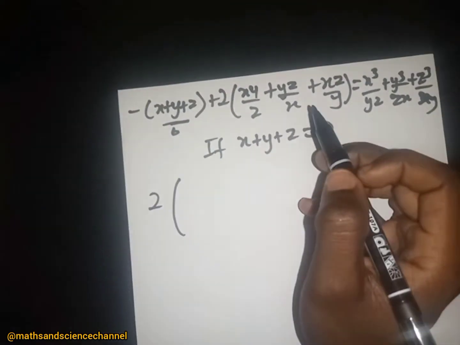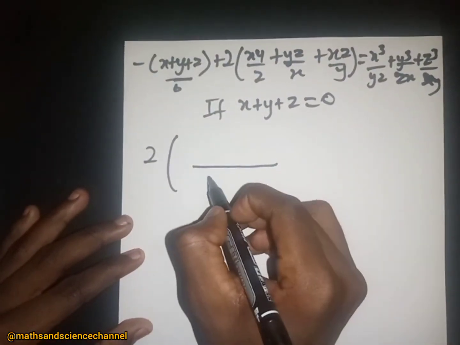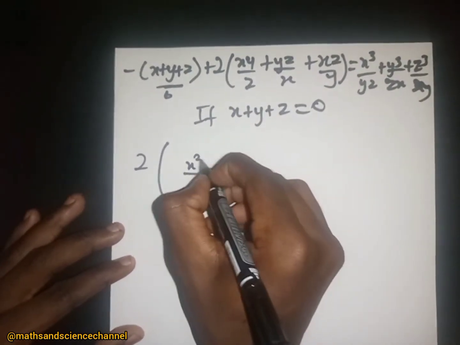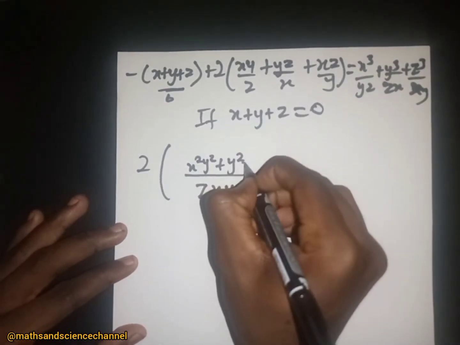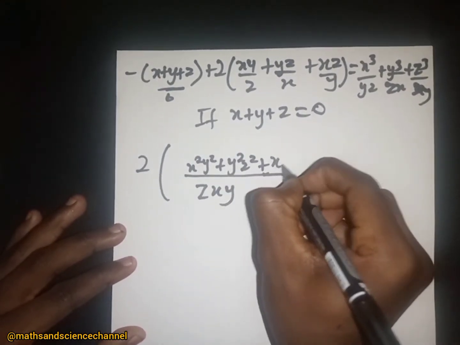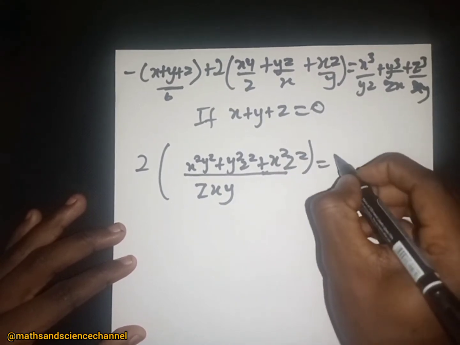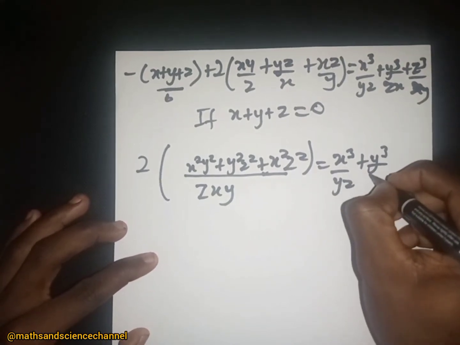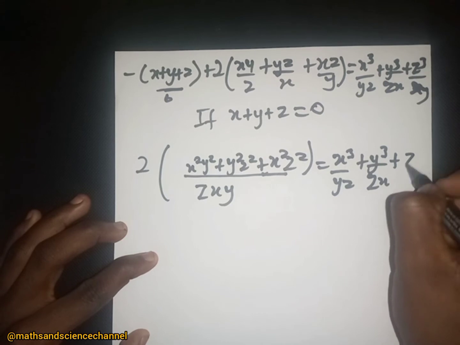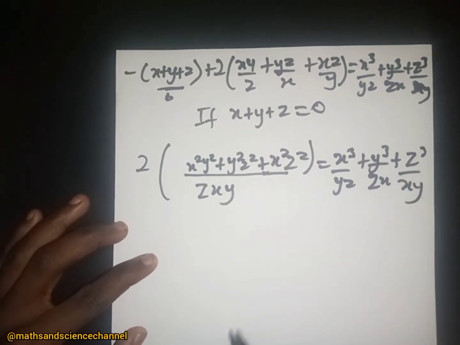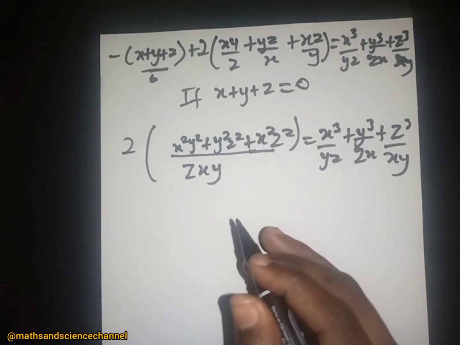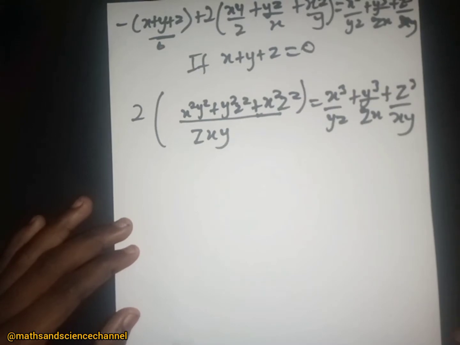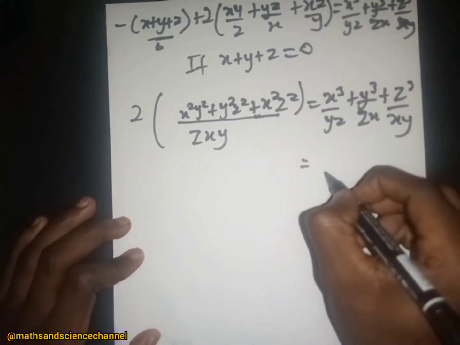Now solving this, we have the LCM as z, x, and y, right? So we are just going to have x squared y squared, then y squared z squared, then also x squared z squared being equal to x cube over yz plus y cube over zx plus z cube over xy, right? So that's what we are going to have now. All right, so then also we can simplify this.